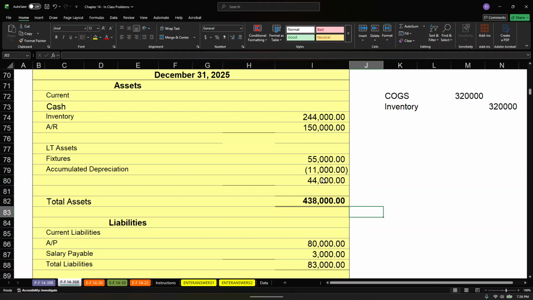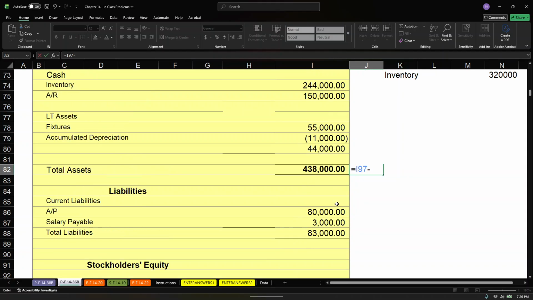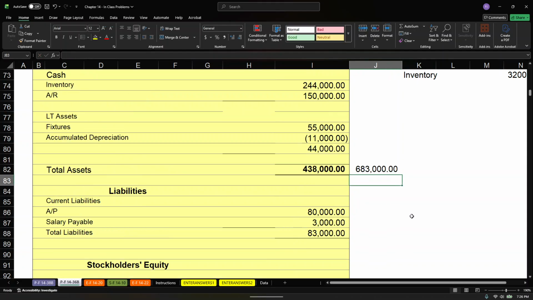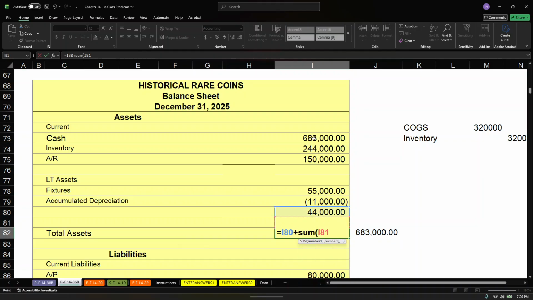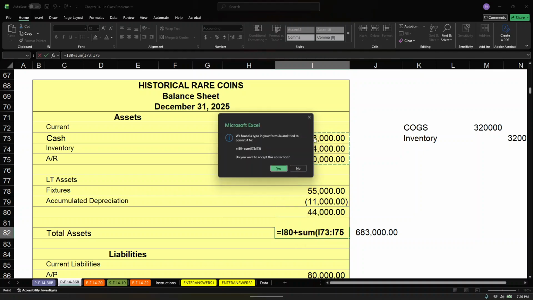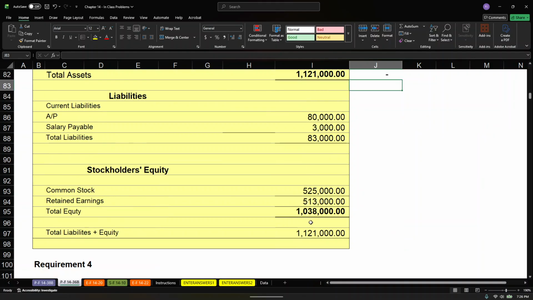So right now we are short, if we want our accounting equation to balance, we need $683,000 more assets. And that is the correct amount for cash. Now, just to prove what I'm saying, if I add up all my assets, which is this plus the sum of all this, you can see that my assets equal my liabilities plus equity. So this is actually the correct balance sheet.